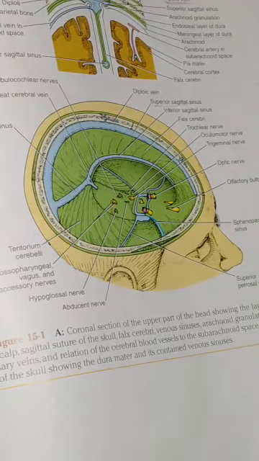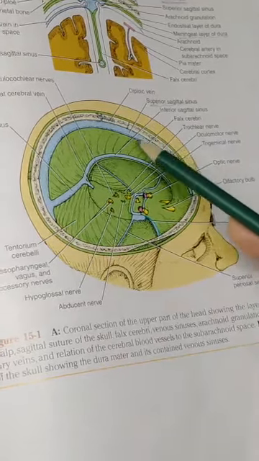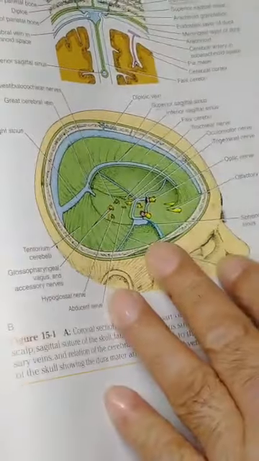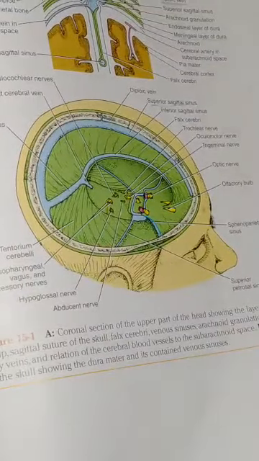So that is the importance of the fact that the superior cerebral veins drain into the superior sagittal sinus. Another important structure is found in the superior sagittal sinus.